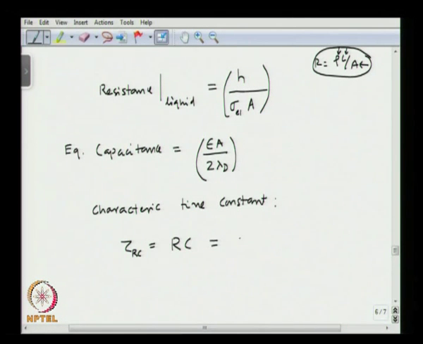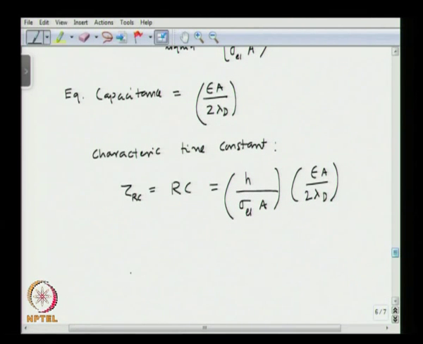So which is equal to H over electrical conductivity into area, that is R, and C is epsilon A over 2 lambda d, right.